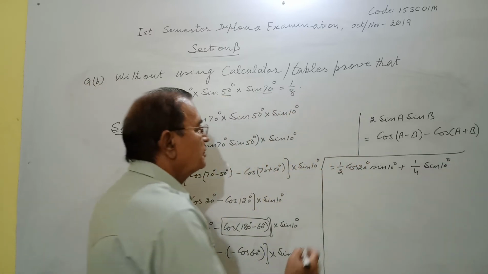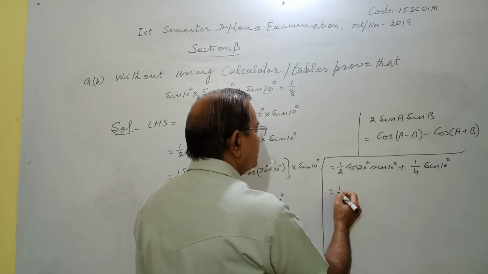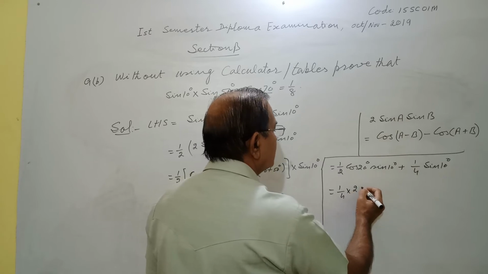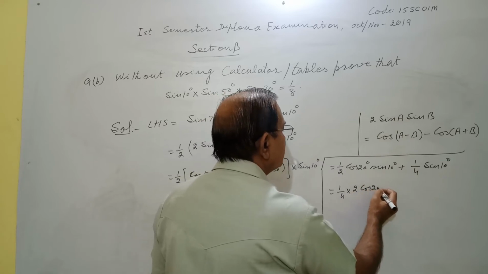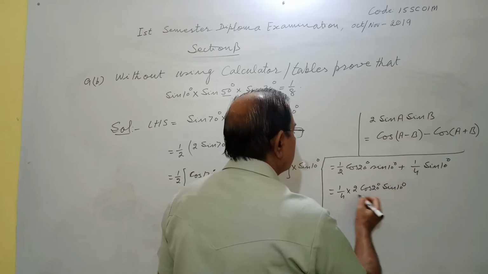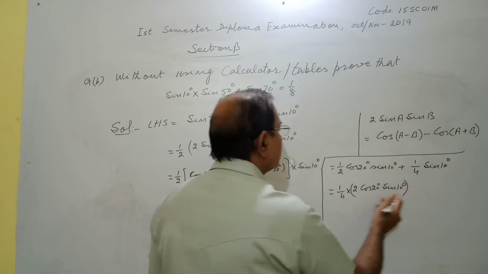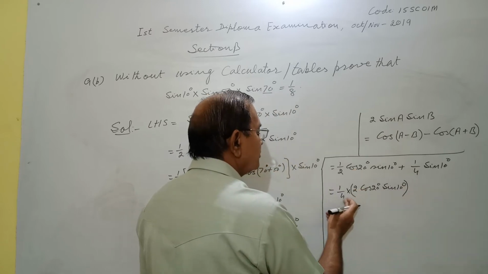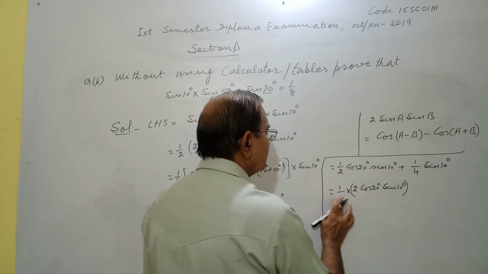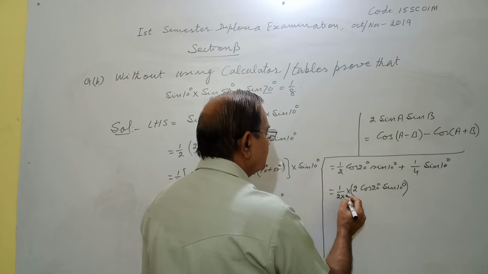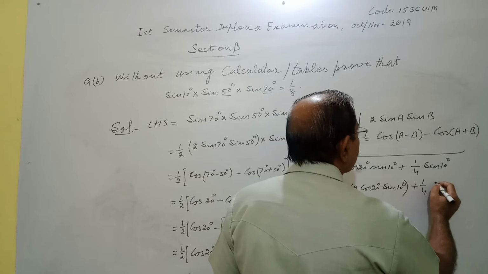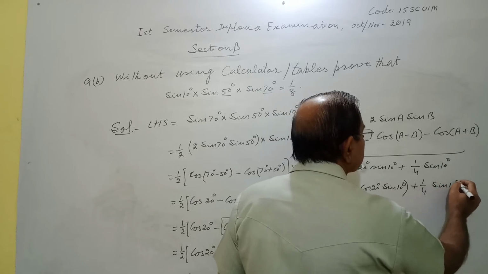Equals 1 by 4 into 2 cos 20 sin 10. So make this adjustment here: multiply by 2 and divide by 2, 2 into 2 is 4, plus 1 by 4 sin 10 degree.